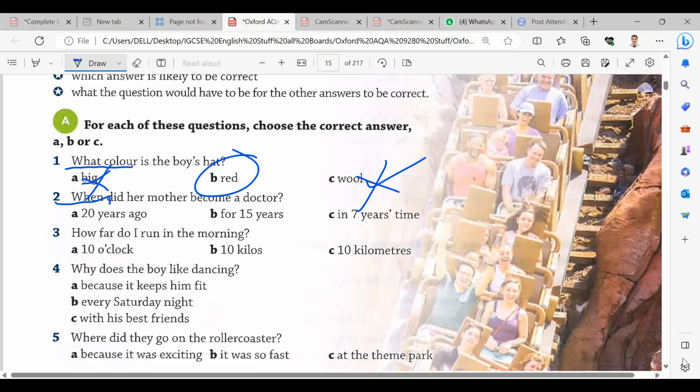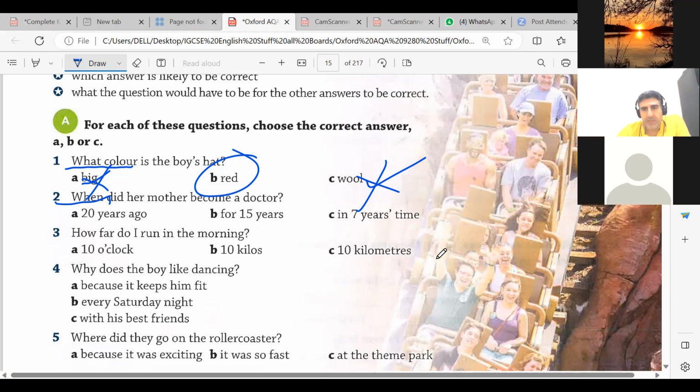But my question here is when, so I mean the start time. The start time here is 20 years ago. Does this make sense? Clear, ya shabab? Yes.